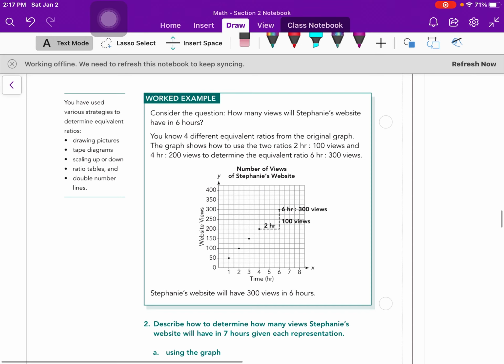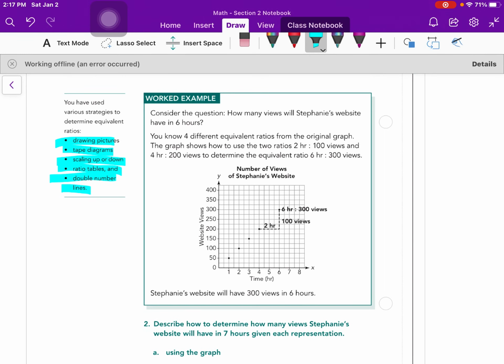Let's keep going. So you have used lots of strategies to come up with equivalent ratios. Drawing pictures, tape diagrams, scaling up and down, ratio tables, double number lines, all kinds of strategies. We also can use graphs, and that's what we're practicing. Consider the question, how many views will Stephanie's website get in 6 hours?